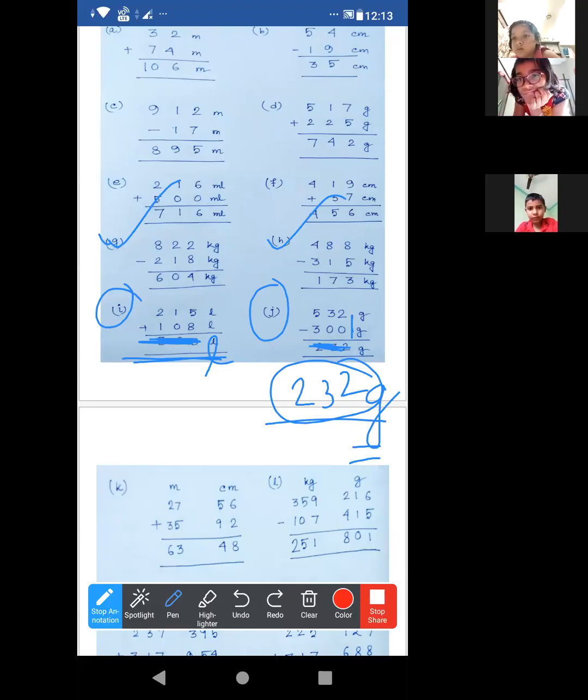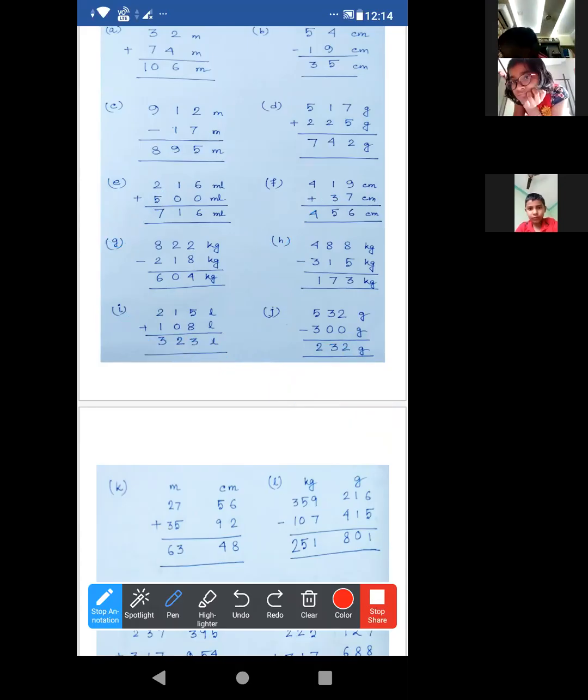Sampurna, done up to J. I'm clearing it.